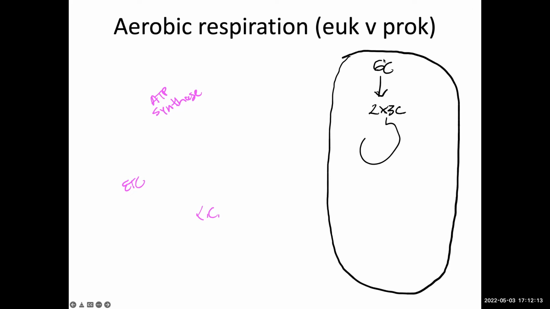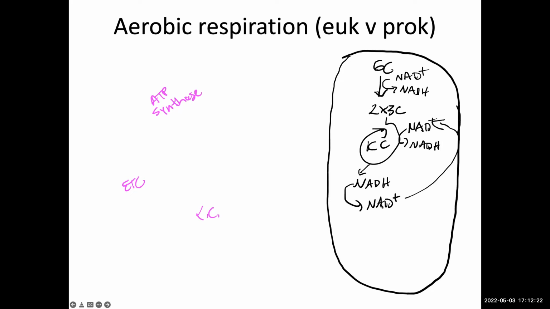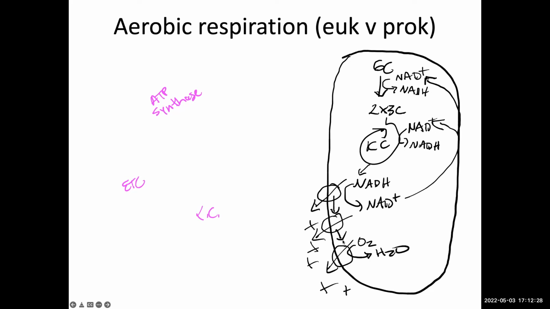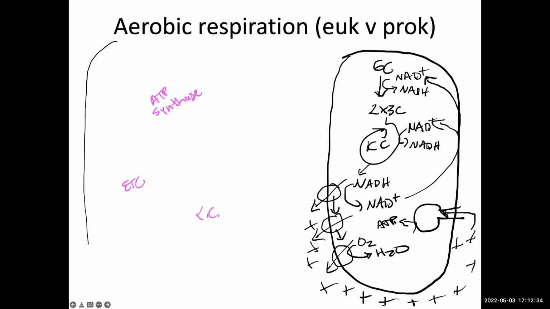In a prokaryotic cell, we've got glycolysis producing pyruvate that enters the Krebs cycle that yields electrons that are being removed. Those removed electrons on NADH are then oxidized back to NAD+. The electrons flow through the electron transport chain. The energy from those electrons is used to generate this extracellular hydrogen ion gradient that comes back through ATP synthase to generate energy for the cell.